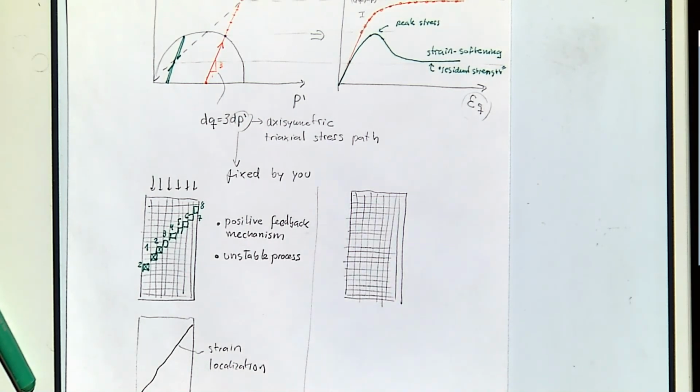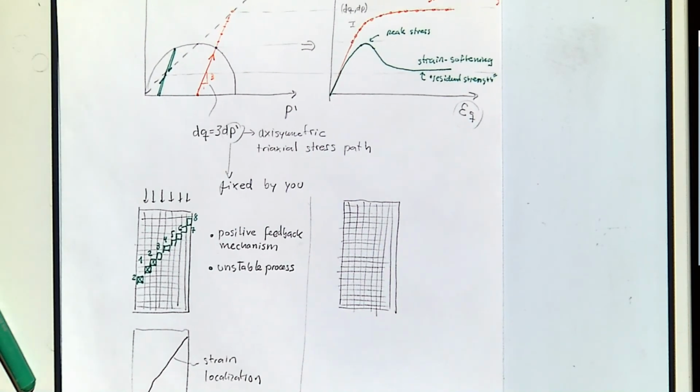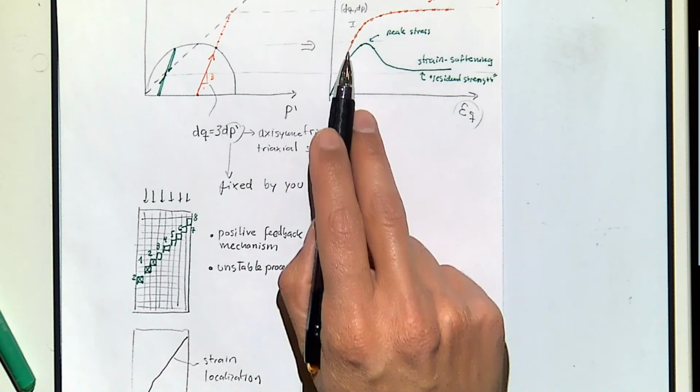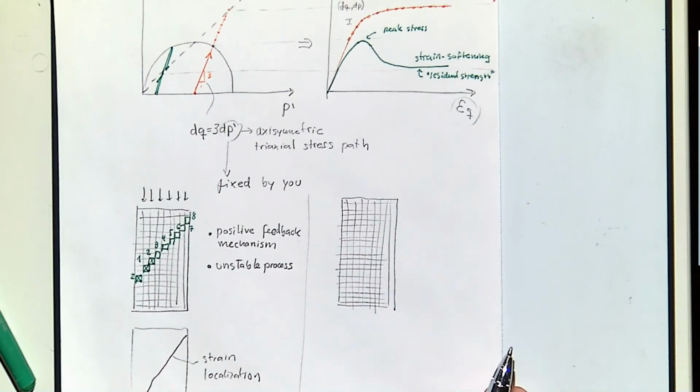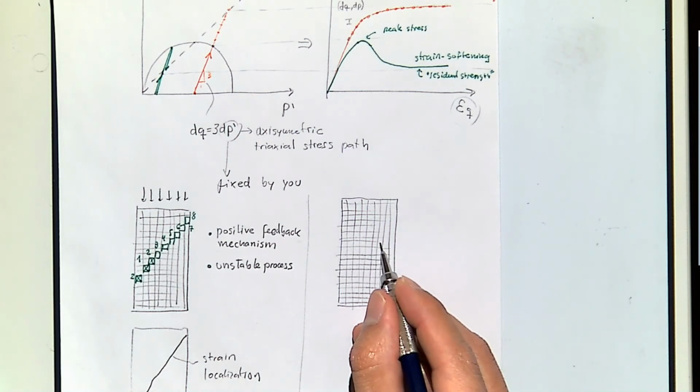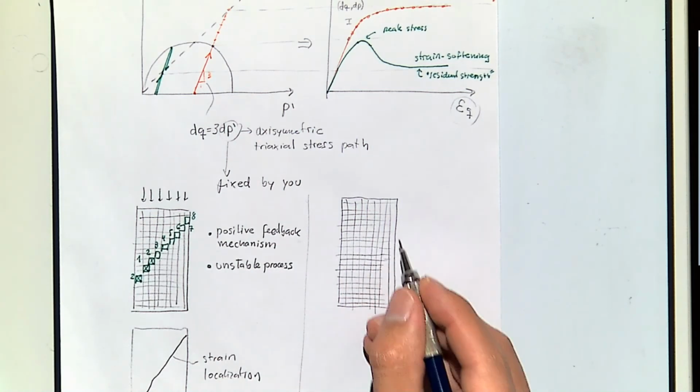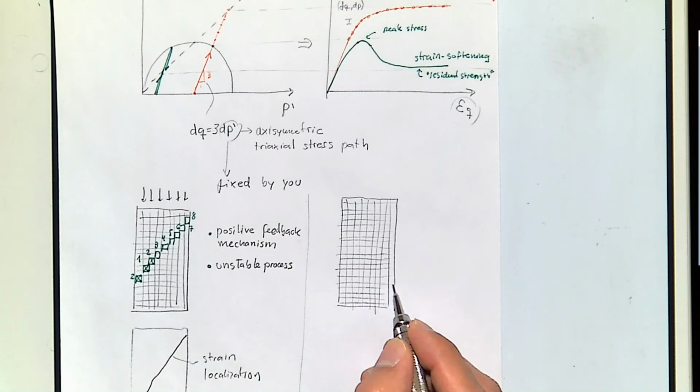Okay. In strain hardening now, when you get to yield, thinking again that this is a heterogeneous rock with some small variations in strength, there is going to be some part of the rock which is going to fail. Let's say here. Okay, but notice what happens now.